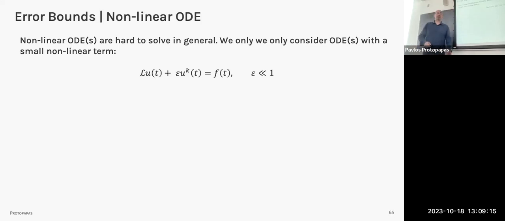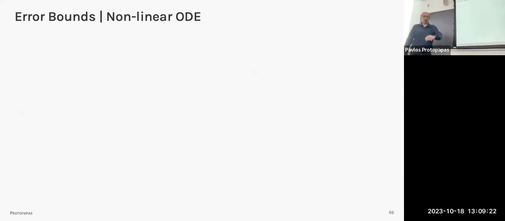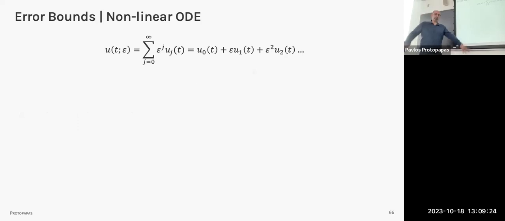The next thing we did is nonlinear ODEs, which now gets much more complicated. But we did one trick. The most important trick here is that we expanded the U as a perturbation, so now it's a perturbation method.